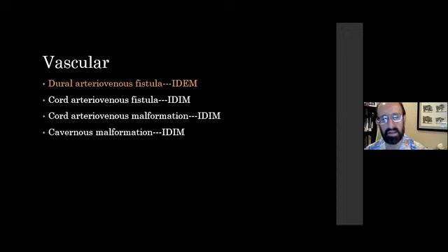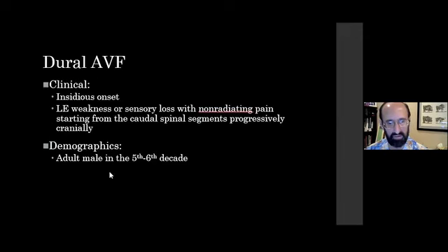So of the vascular malformations, the most common is indeed the dural AV fistula. And the dural AV fistula may present with lower extremity weakness or sensory loss. It's typically seen in older men, I guess not so old anymore, but men in their 5th or 6th decade.